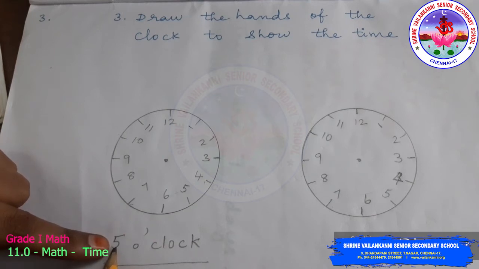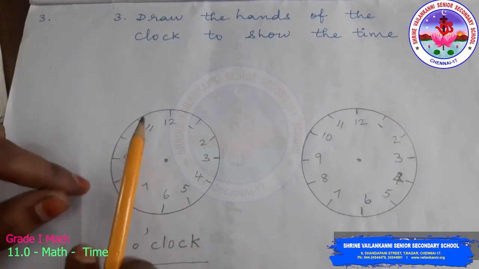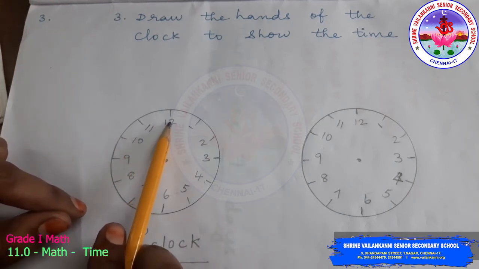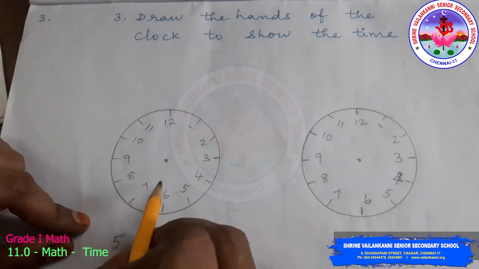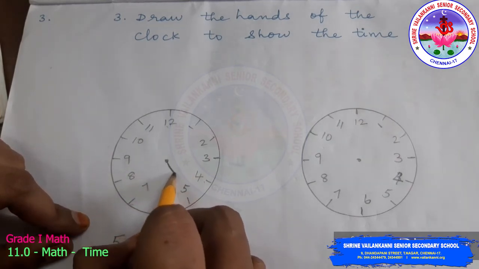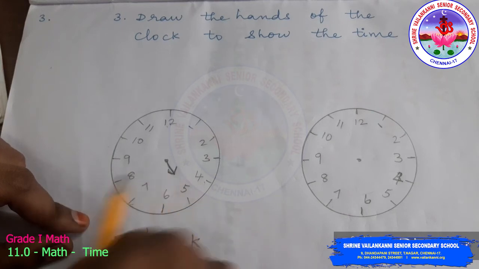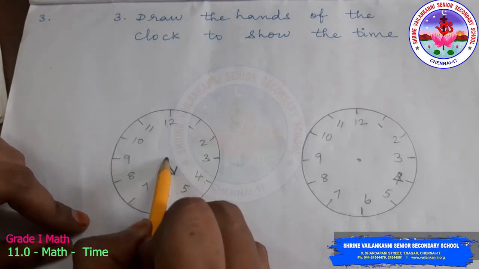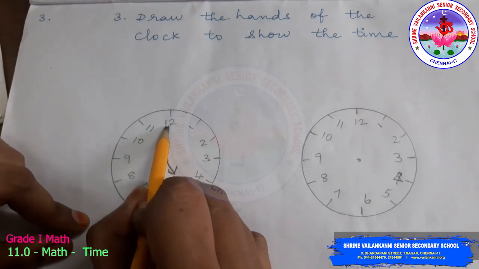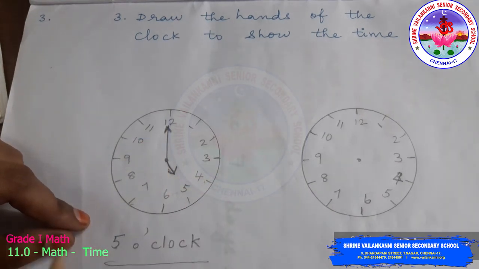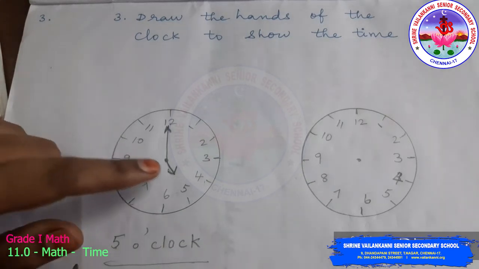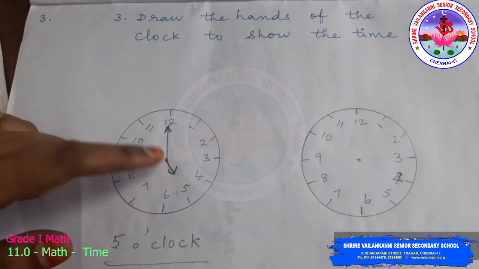And o'clock means the minute is pointing at 12. Okay? Minute hand is pointing at 12. Okay, 5. So the short hand should point at 5. The minute hand should point at 12. Minute hand will be longer, the short hand will be shorter. Okay, please show the difference in the short hand and the long hand, that is hour hand and the minute hand.